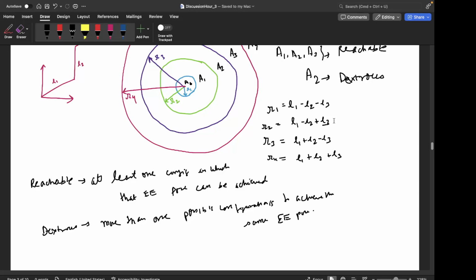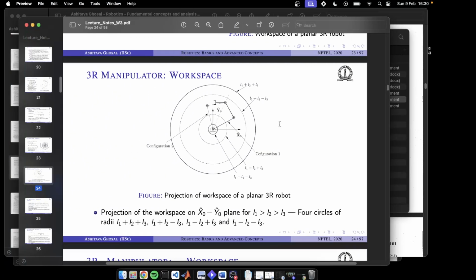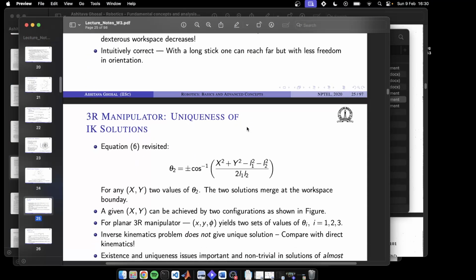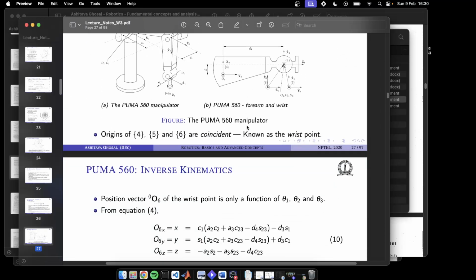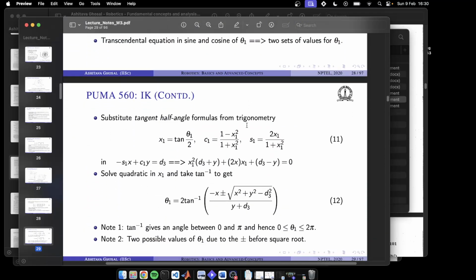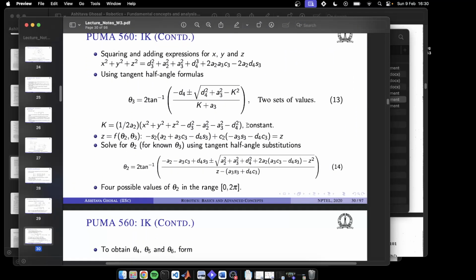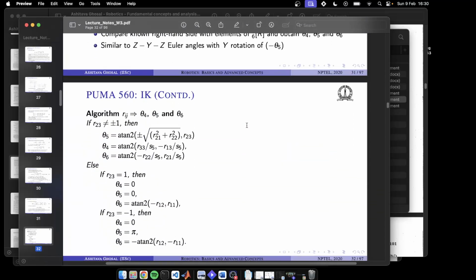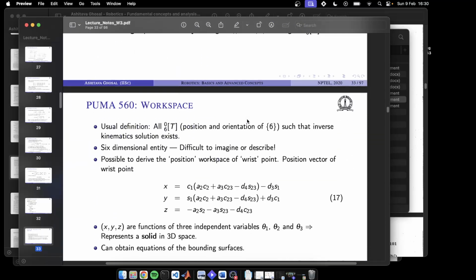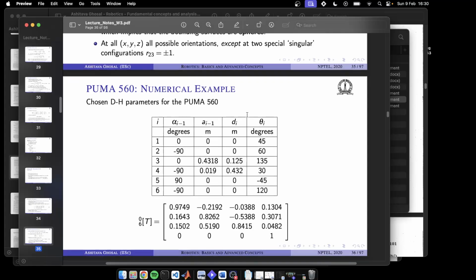So this basically sums up what I had planned for this week. The lectures have a few more examples of higher degree of freedom arms, like the Puma robot and all, which we can go through, derive those expressions on your own, and understand better.